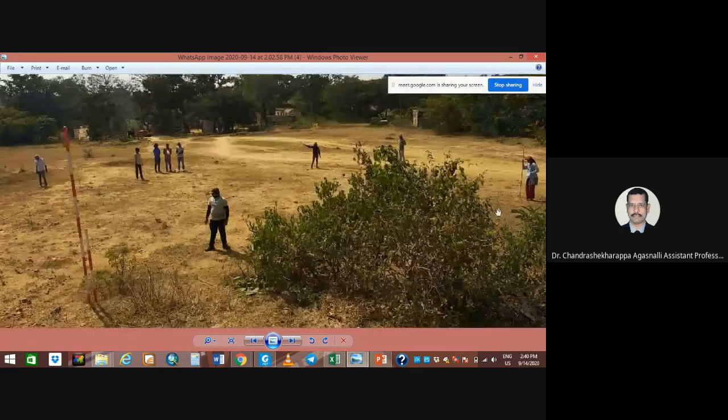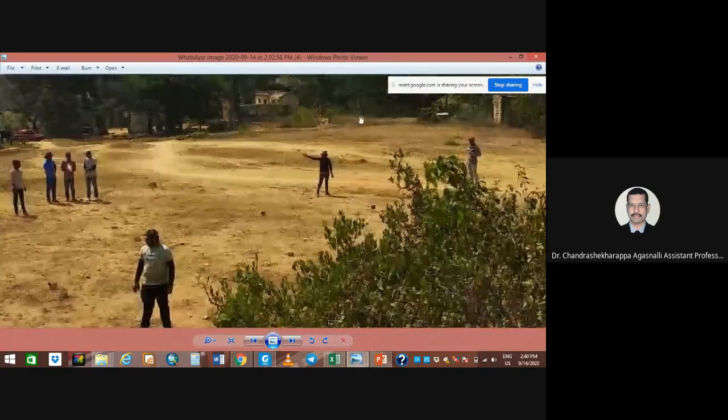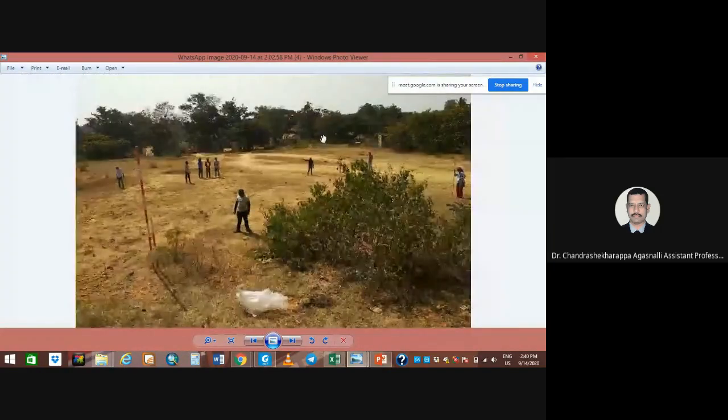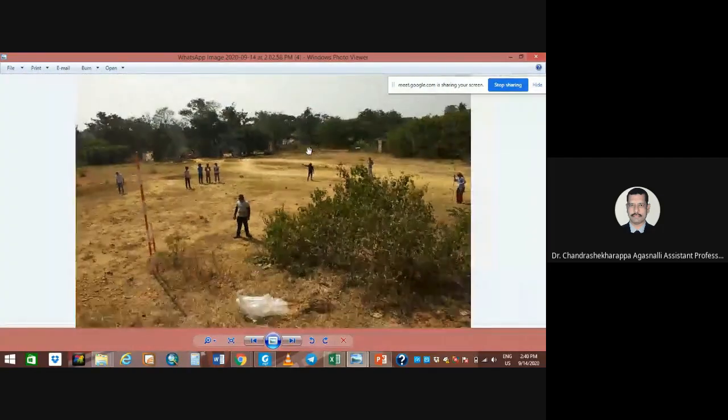This is how we need to fix the four corners. One is here, another one is here, and another ranging rod is falling down here. Can you see the one more here? It's too far, I think. You cannot see this properly. Here is your grid, and in between you are going to make 5 meter by 5 meter or 10 meter by 10 meter grids. To establish the grids you need exactly 90-degree angles.